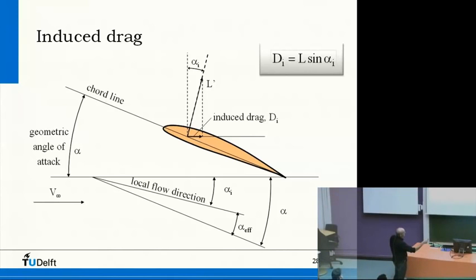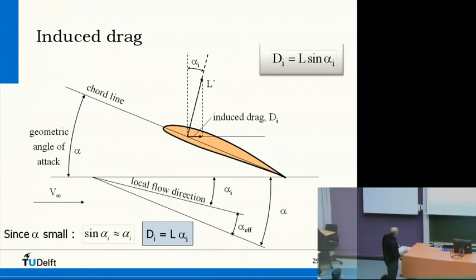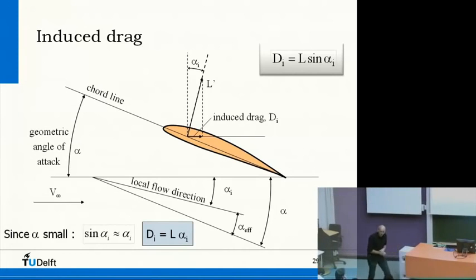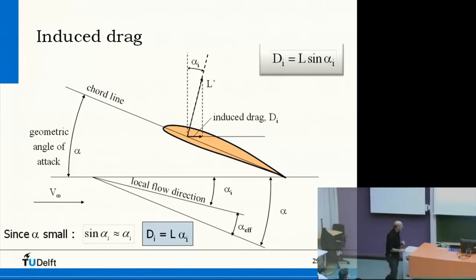And of course, that D_i is L sine alpha_i. But since the angle of attack is very small, and sine alpha_i is also very small, then we can write sine alpha_i is alpha_i.